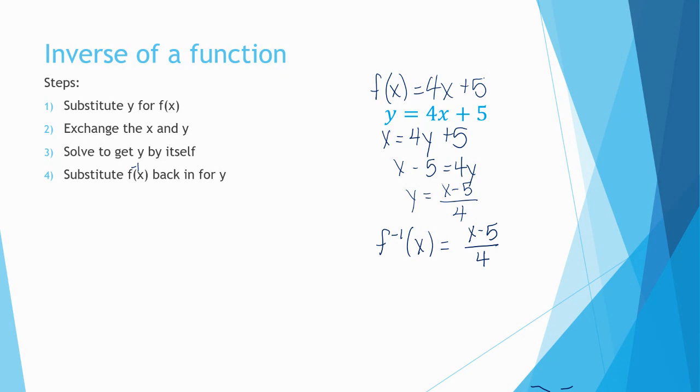Remember how we talked about how functions are named? This first function was named f. The second function is simply named inverse of f. That's what that negative 1 means. So if f(x) is 4x + 5, the inverse f of x is (x - 5)/4.